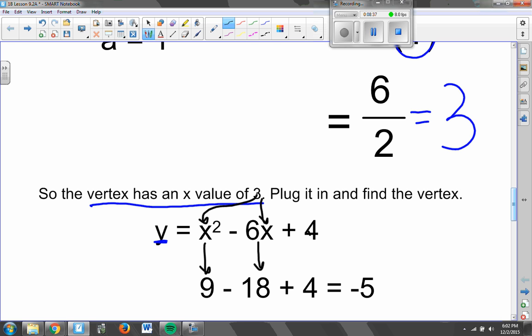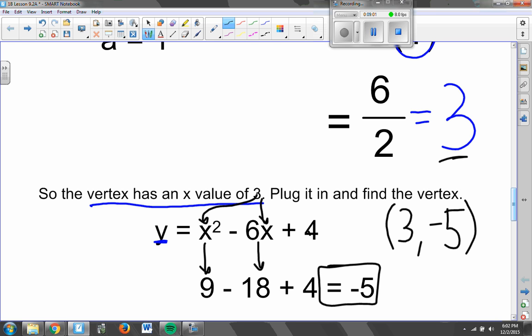Okay, so I'm just taking the x value I just found up here and putting it into my equation to get my y value. Plugging in x is 3, and it pops out y is negative 5. So my vertex of this graph, of my parabola, is at 3 in the x, negative 5 in the y.